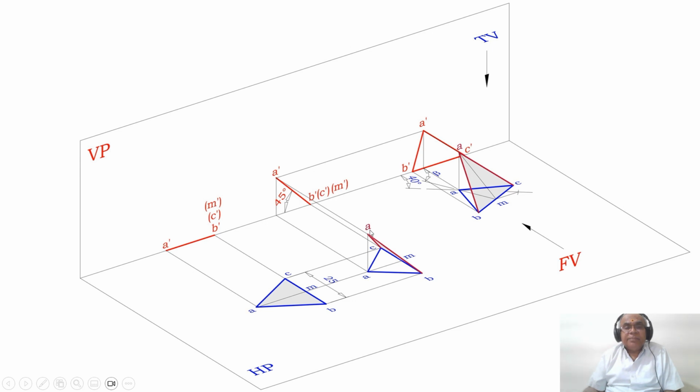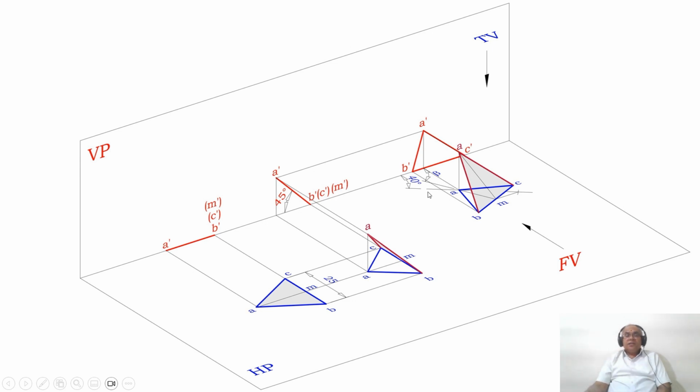So once AM becomes inclined to HP, what happens here? This is going to become an apparent length. But what does the problem give? The problem has given the true inclination, which is 40 degrees. But I cannot redraw this sketch on that 40 degree line.